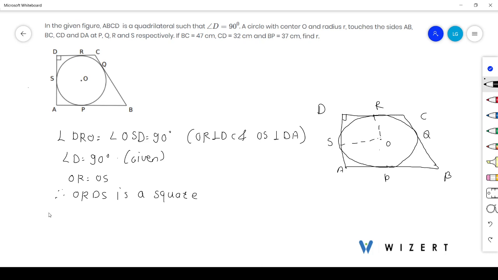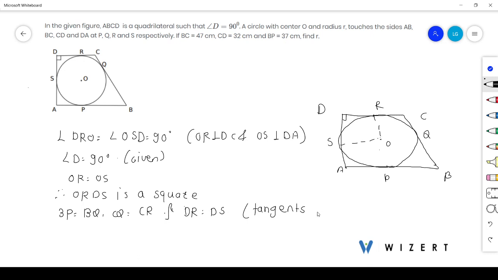Since tangents from an external point to the circle are equal in length, therefore BP equals BQ, CQ equals CR and DR equals DS.